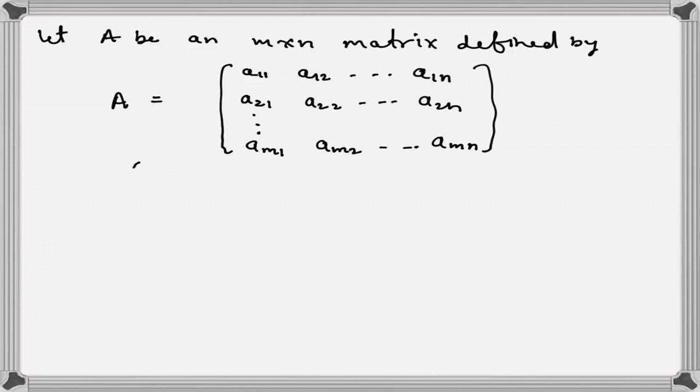So this is how we define a matrix. In short, we write A as the square bracket aij.